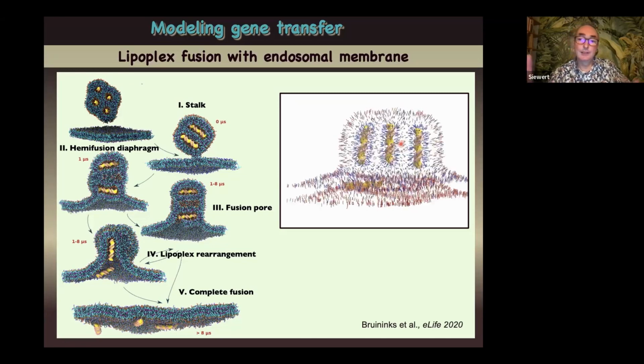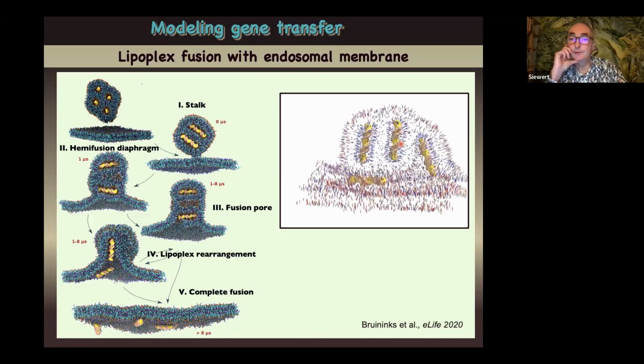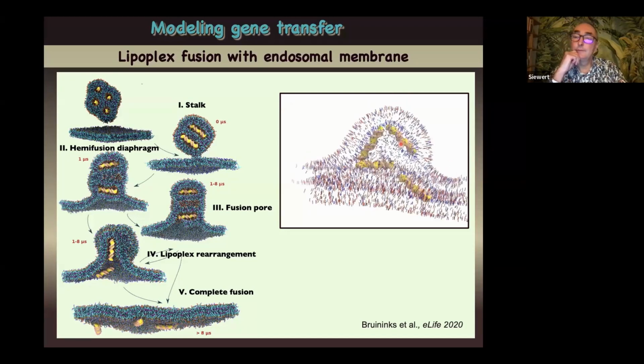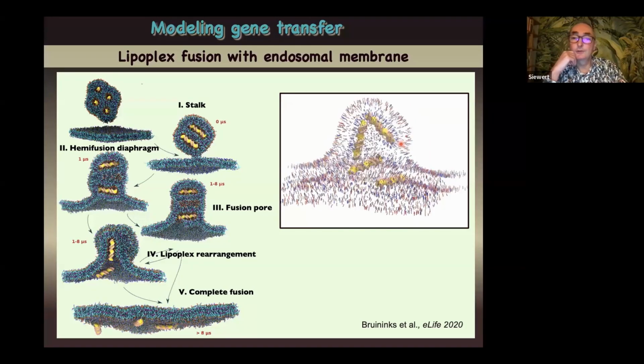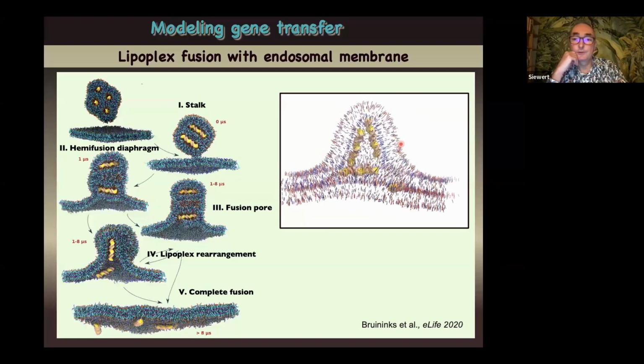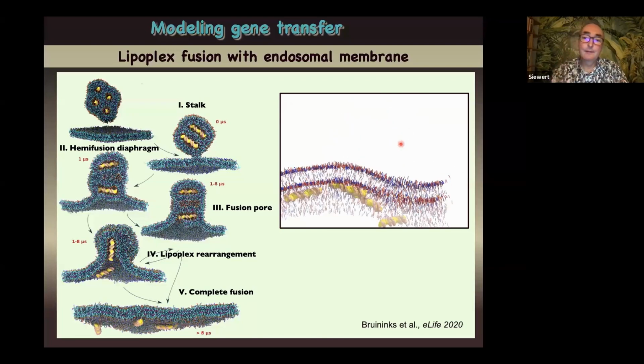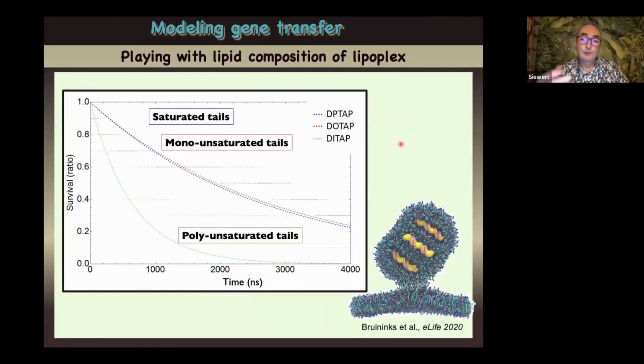And then you get some kind of a complete rearrangement of the lipoplex particle, which also allows the other strands to escape. So this at least gives you some idea of how this fusion of these particles with the endosomal membrane happens in detail.